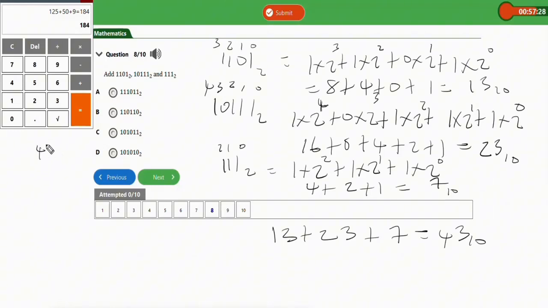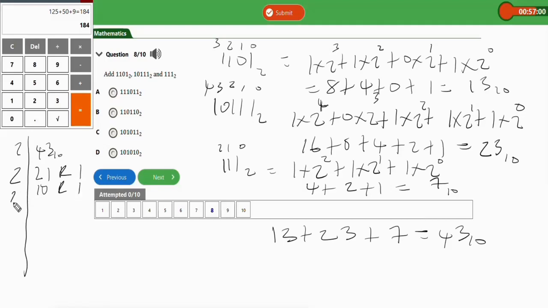So we have 43. So we're going to divide everything by 2 base 10. Okay, so 2 into 43, so we're going to have 21 remainder 1. Okay, 2 into this 21, we're going to have 10 remainder 1.